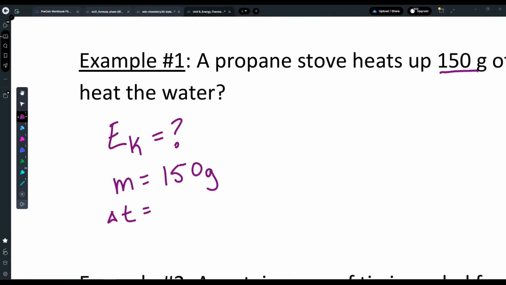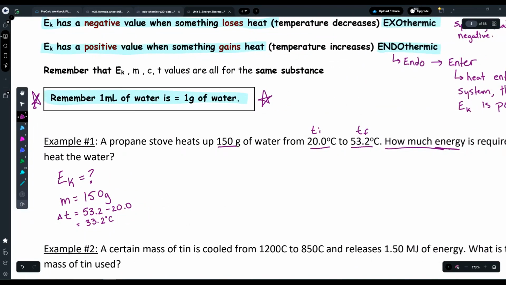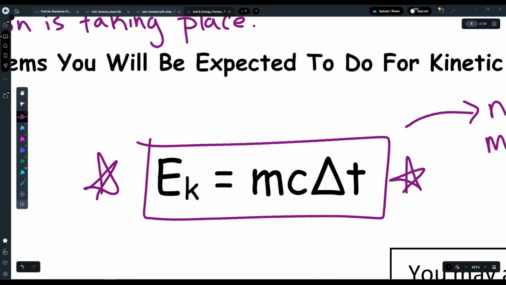So figuring out the temperature change, I'm going to go final minus initial. So 53.2 minus 20 is going to give us 33.2 degrees Celsius. Now, we're asked for kinetic energy, we have mass, we have change in temperature, but we weren't given specific heat capacity.